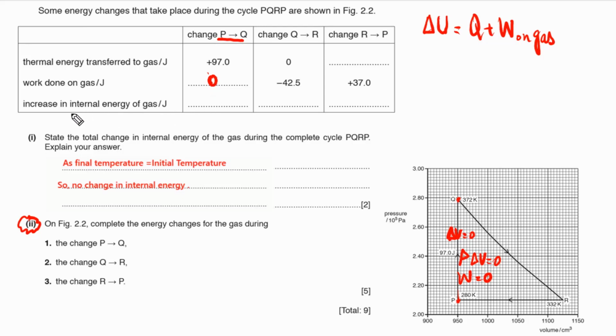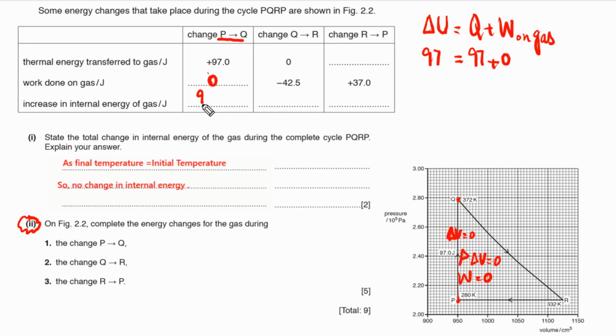Now, the question is asking us for the increase in internal energy of gas. In this case 97 joules of energy is added and there is no work done on gas, so the change in internal energy is also equal to 97 joules.